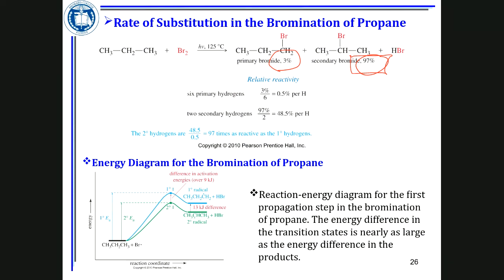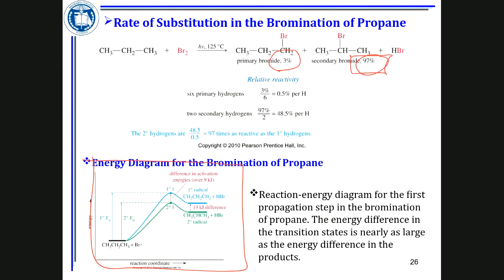If you look at the energy diagram for bromination, you would see that it's highly endothermic. So you can conclude that any reaction that is endothermic, because it's going to demand energy from outside, can also be more selective.